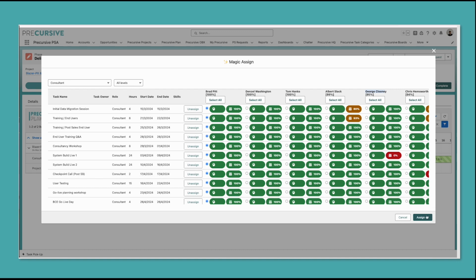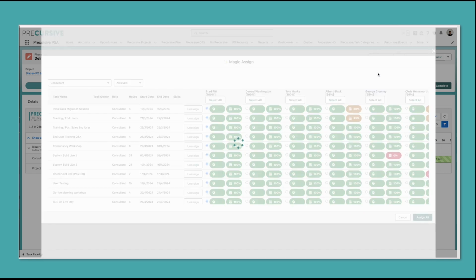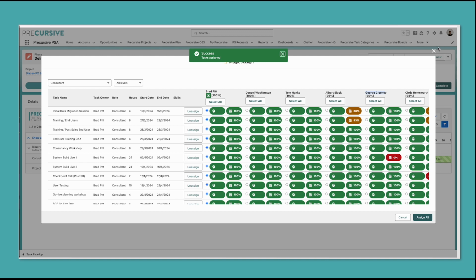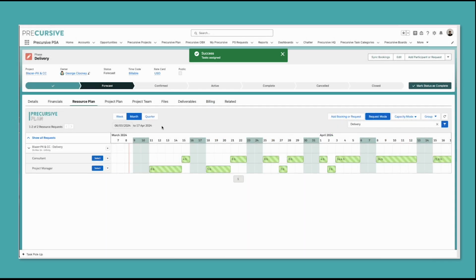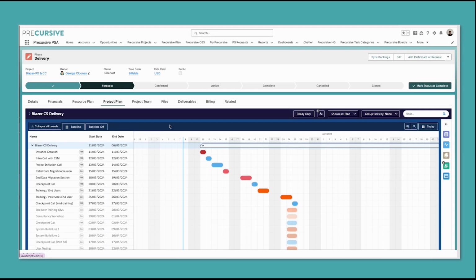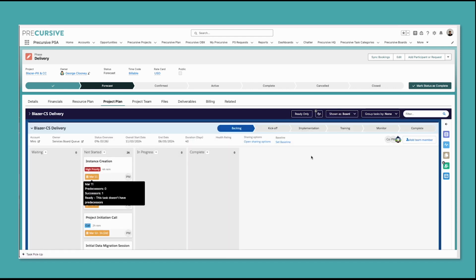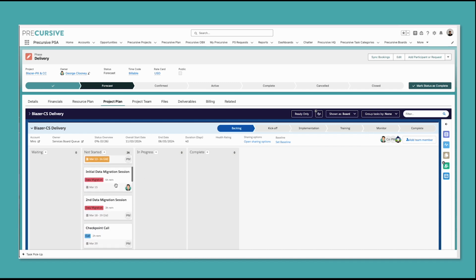In this example, I'm going to assign this to Brad, and what that's going to do is assign all of those tasks to him and send him a notification, even though he's on holiday, having a great time. So what we can do now is head over to our project plan, and if we go in, we can see that Brad is now on the project.